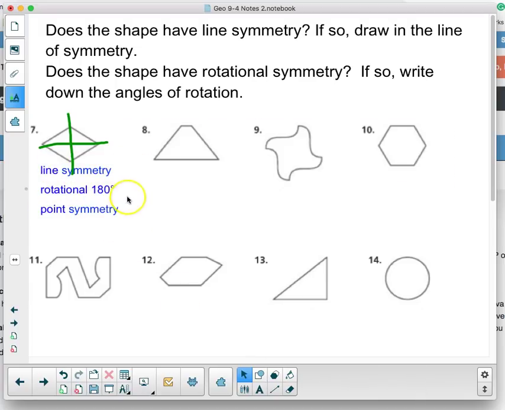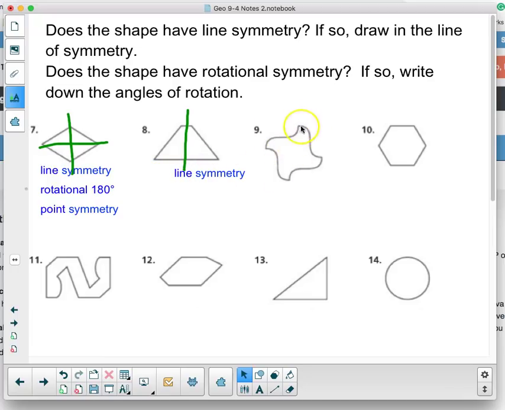So line symmetry, rotation 180 degrees, so therefore I have point symmetry. Now in 8, I have line symmetry, that's 1. And by the way, line and reflectional is the same. I don't have rotational symmetry, and I don't have point symmetry because if I don't have rotational symmetry of exactly 180, I can't have point symmetry.